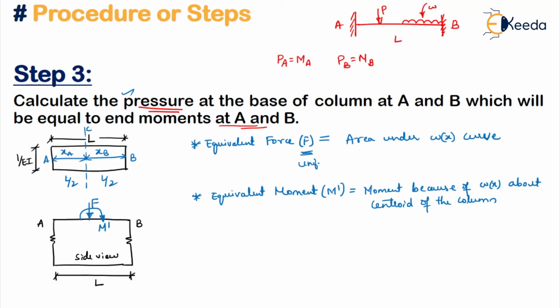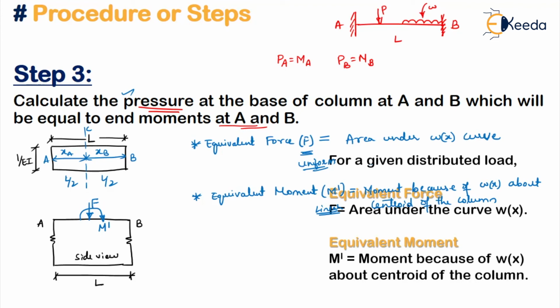So your F will produce uniform pressure and your m dash will produce linear pressure. The combination of these two will give you the pressure at the base of the column at A and at B. Understood? Now if we want to see the exact formula, this is to find your F and m dash. Once you find your F and m dash, you need to find the pressures.